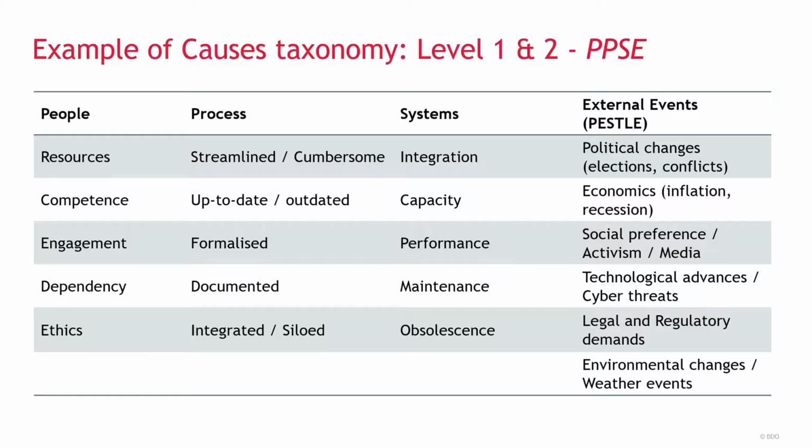So our level 1 cause category of operational risk is pretty much given by the regulators for decades now. And in these examples, you don't have to follow it, but these are some suggestions of level 2 in people risk, resource, competence, engagement, etc., process, system.